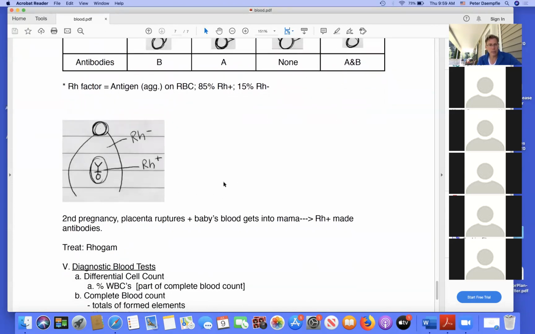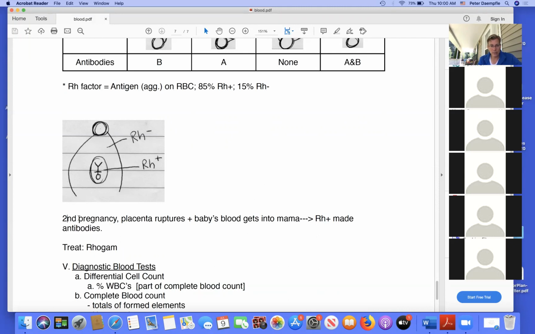And that becomes important with babies when babies are born, not the first pregnancy or the second. Don't laugh. Here's my picture of a babe coming out and a mom. If the babe is Rh positive, upon the second birth, what happens is, during the first birth, let me just say this: if you're Rh negative, you don't want positive Rhs in you. So when the placenta ruptures, you get a little of the babe's Rh positive in you as a mom, and you start making antibodies to Rh.